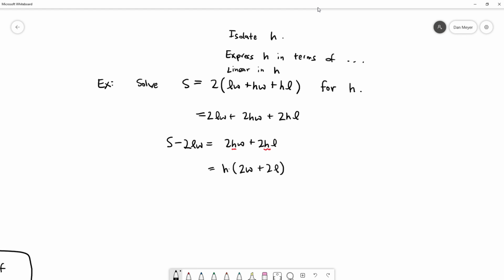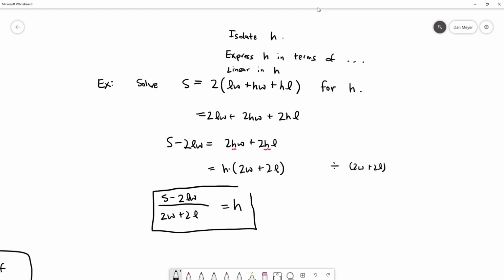I have H times 2W plus 2L, and so I can divide on both sides by that term and get S minus 2LW divided by 2W plus 2L is equal to H. And so here I've successfully isolated the variable H. I've solved the equation for H.